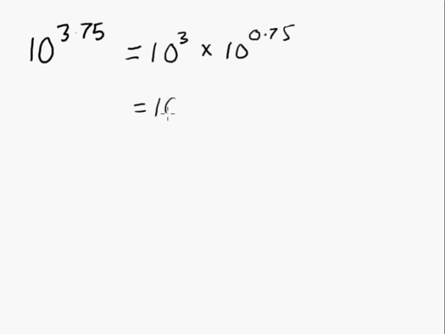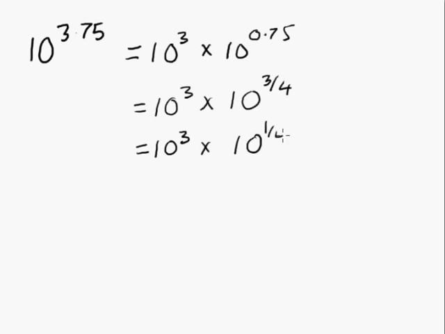I can write 0.75 as a fraction, 3/4, so that equals 10 to the power of 3 times 10 to the power of 3/4. Now we use the power rule: 10 to the 1/4, that's the fourth root, to the power 3. So it's a different way of doing the same thing.